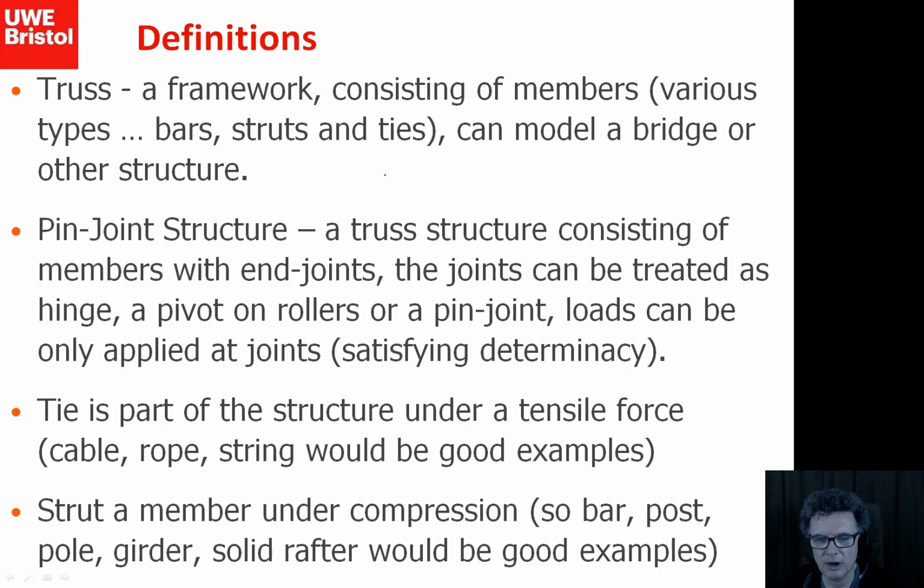And a tie is in effect like a bit of string, a bit of cable. It's something they're trying to pull apart. So it doesn't really make sense to have a big heavy bar that you're trying to pull apart, when a bit of metal cable would be much lighter and do the job just as effectively.